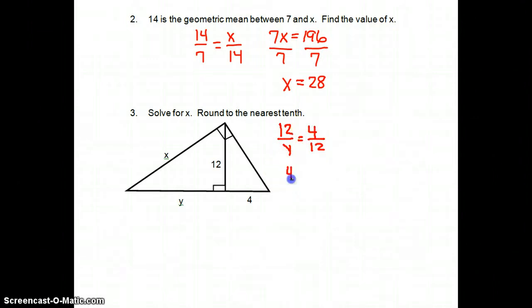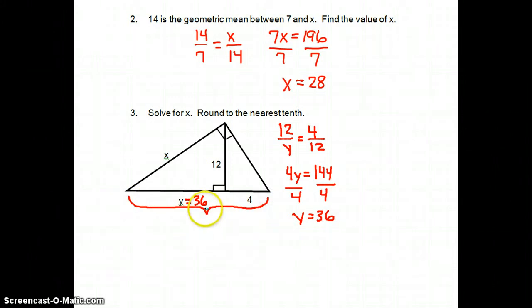So 4 times y is 4y. 12 times 12 is 144. Divide that by 4. We have y equals 36. So this equals 36. We know we need the whole bottom, hypotenuse. 36 plus 4 is going to be 40.